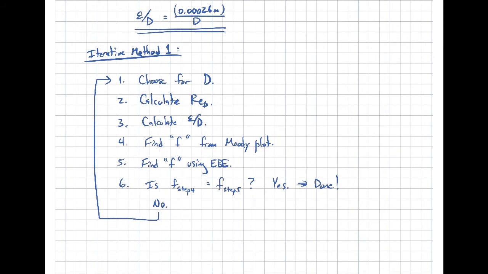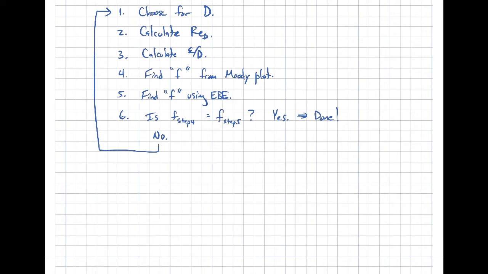But this is the technique I used, and let me just give you some typical numbers. If you chose a diameter, your first guess, of 0.04 meters, which is what I did. So a 4-centimeter pipe seems like a reasonable first guess, right? That doesn't seem unreasonable. Then you'd get a Reynolds number of 48,800.